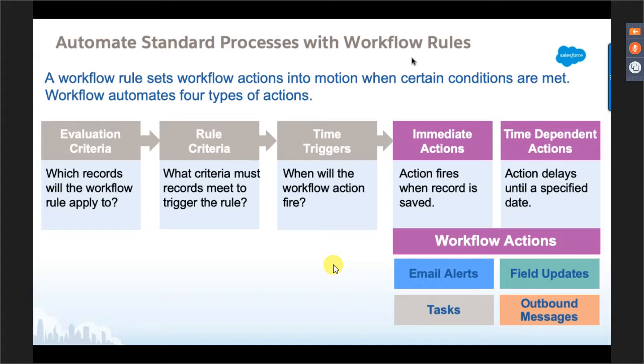The name of this second evaluation is created and updated. The third type of evaluation criteria is a combination, except it takes into account specific criteria. So the third is called every time it is saved and edited and subsequently meets the criteria set.